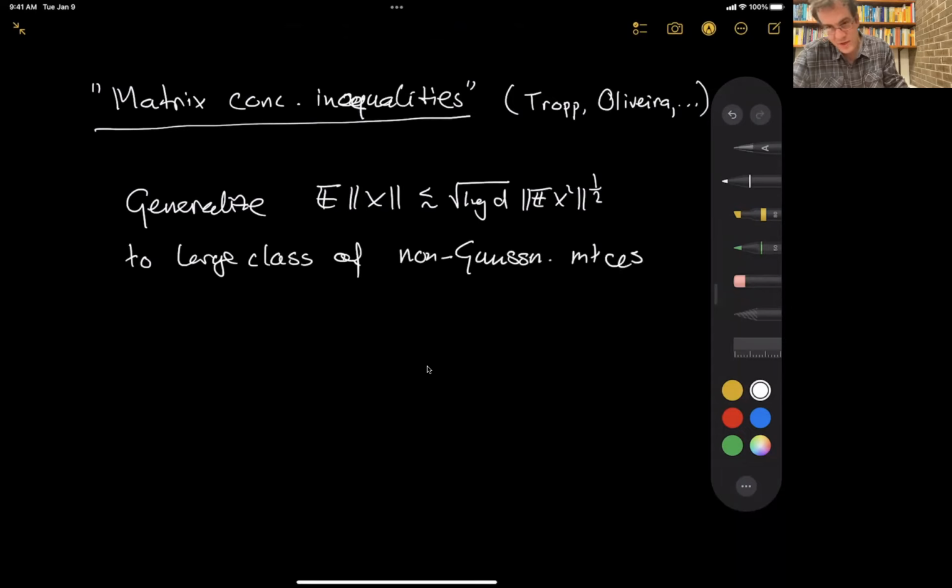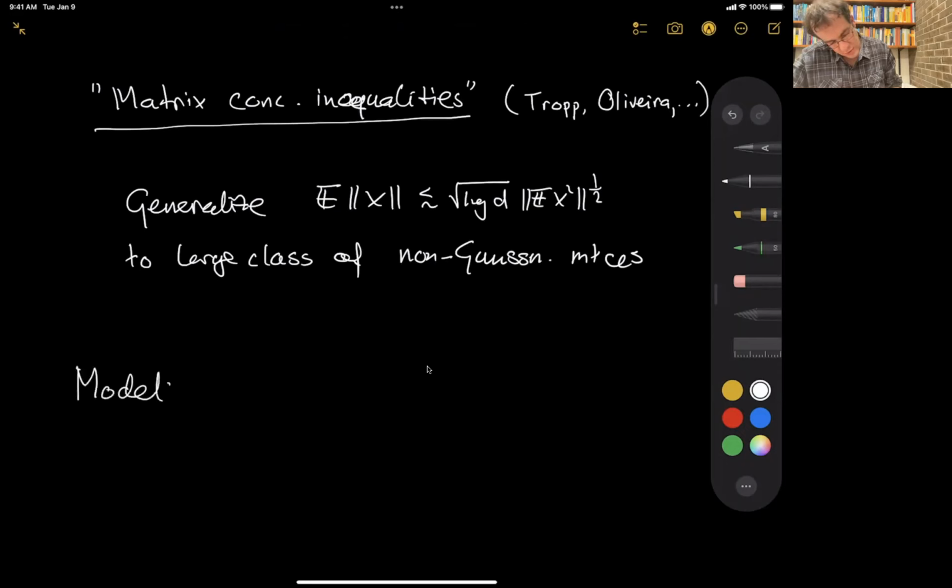And of course, the way they do it is, like I explained before, they adapt the proofs of these kinds of inequalities to the non-Gaussian setting. But the nice thing about them is that they have identified a class of non-Gaussian random matrices that seems to show up over and over again in applications and that models many different interesting phenomena. So we're going to work with the model that is used in these kinds of inequalities. And what is that model?